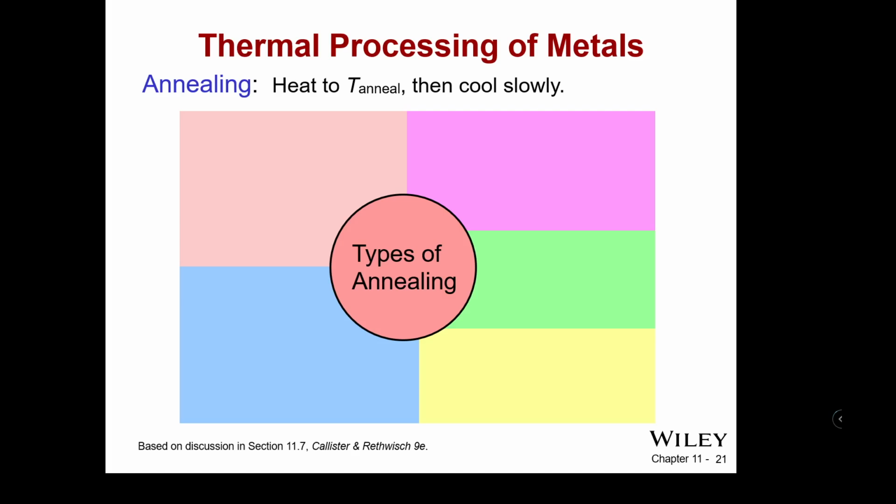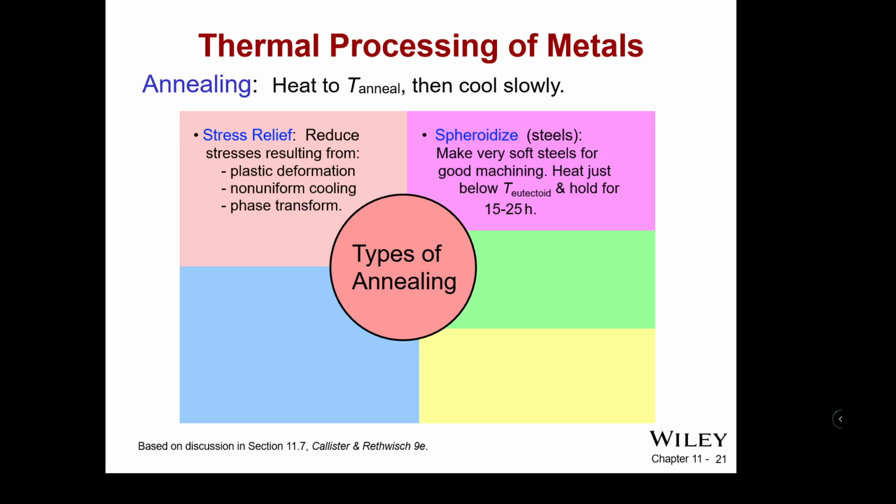The thermal processing of metals, this has a lot that goes into it. So annealing is common in order to reduce the built up stresses from plastic deformation, from whatever operations have happened, non-uniform cooling, phase transformations.